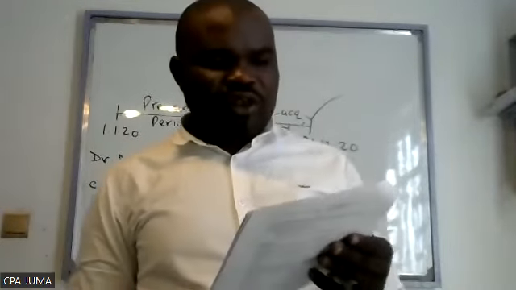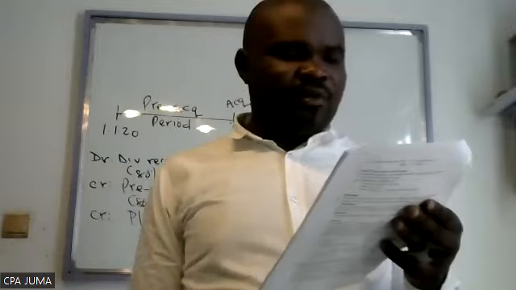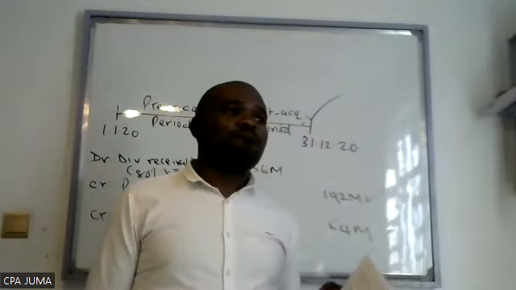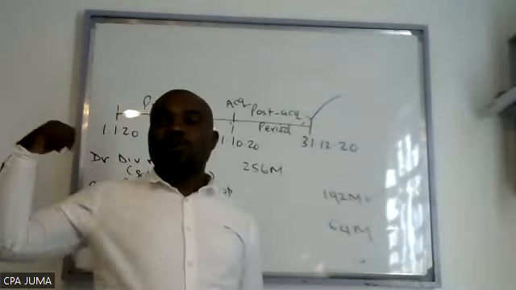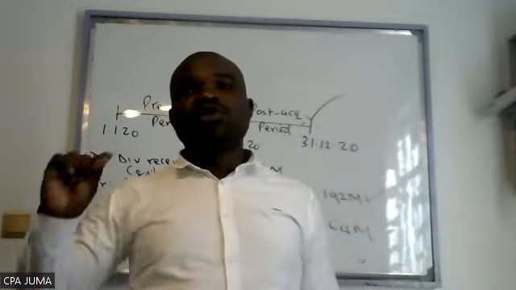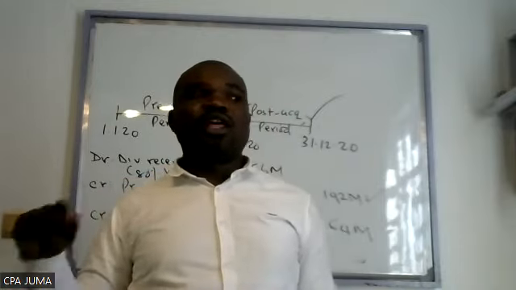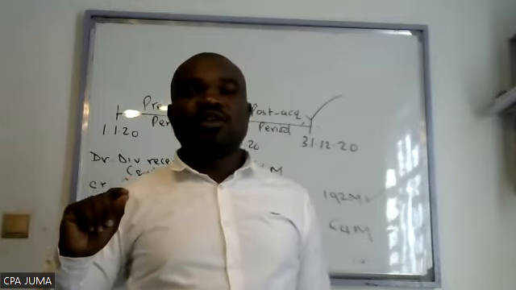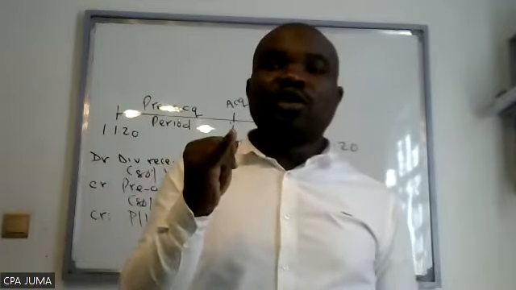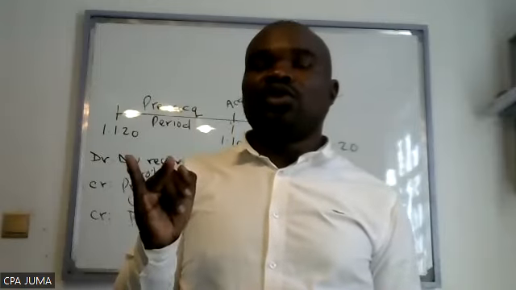Key definitions: associates. It is an entity over which the investor has significant influence. So when we talked about associates initially, I only gave you the percentages, which was between 20 to 49. That is an associate. An entity where you have 20 to 49, you lack control, you also lack joint control.